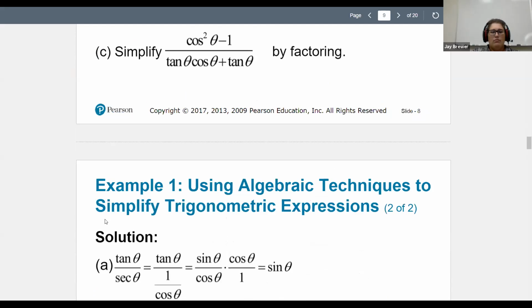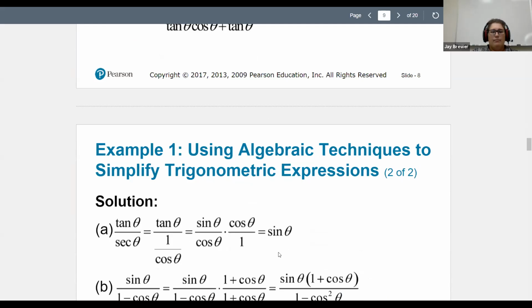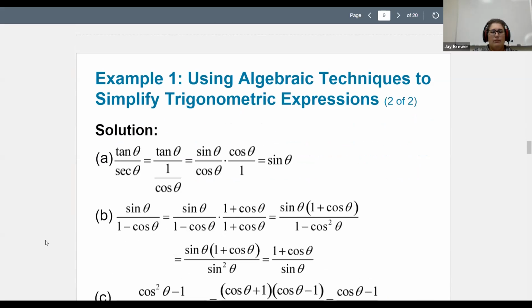All right, so did we do exactly what they did for A? Yes, great. I just didn't separate it. That's the only thing. All right, let's look at B. So we have sine theta over 1 minus cosine theta times, so they're basically taking the conjugate.